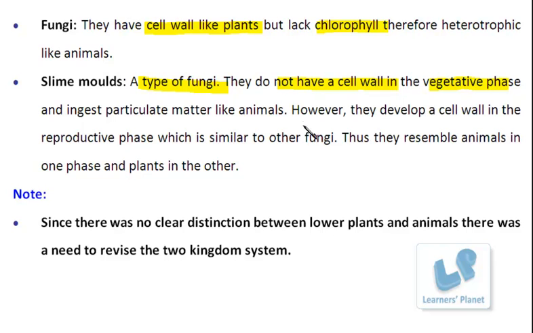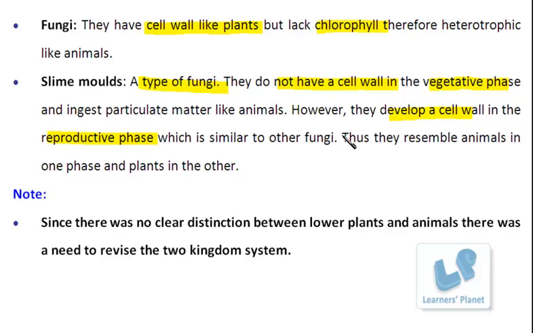And when they are in the reproductive phase, they have the cell wall like any other fungi. So through this cycle, you can observe that they have the features of both groups. They are heterotrophic and they lack the cell wall. That means they should be placed in the animal group. But in the later phase of the life cycle, it has the cell wall. So now it should be placed in the plant group.